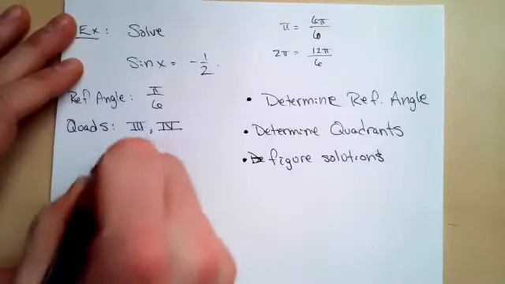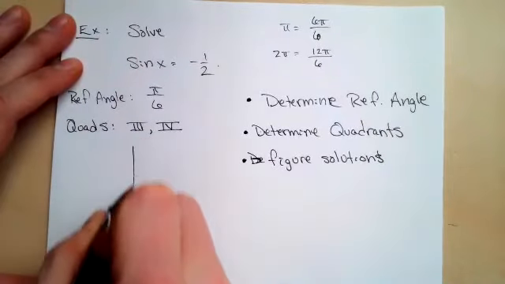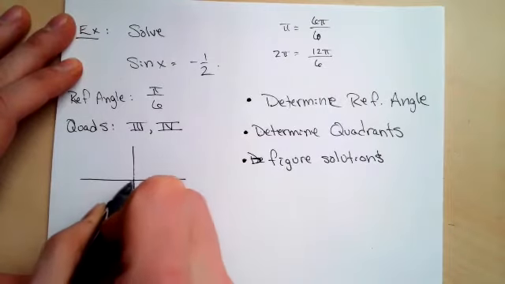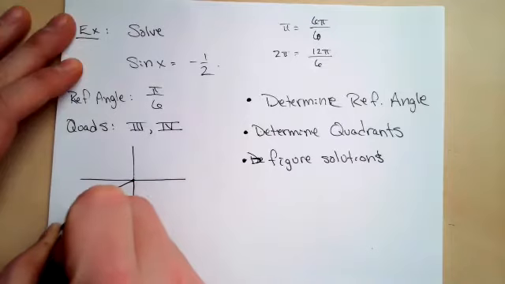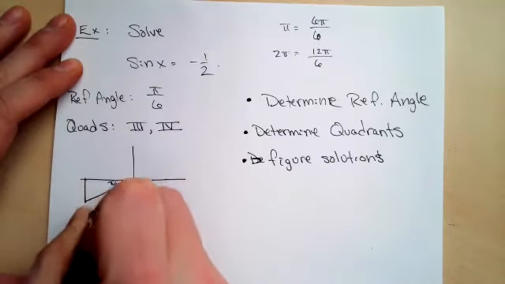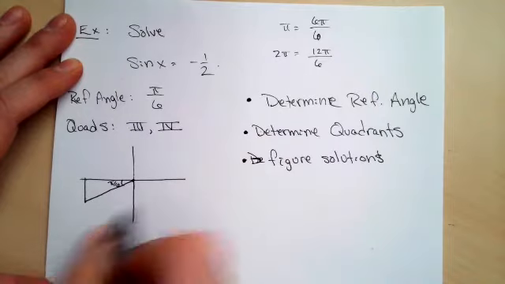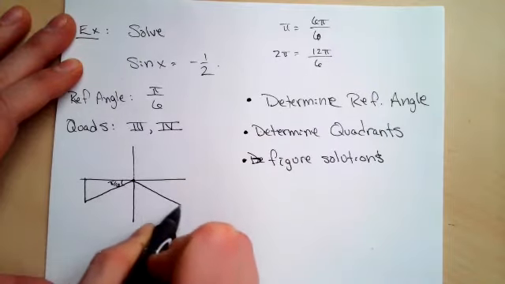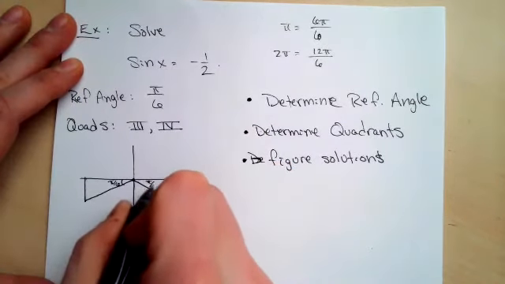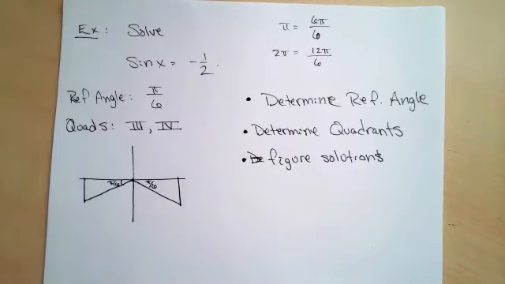And so when we draw our diagrams for our solutions, what do we need? We need an angle in the third quadrant with a reference angle of pi over 6, and then an angle in the fourth quadrant with a reference angle of pi over 6. But we don't want to put the reference angles, we need to put the absolute angles, the actual solutions.